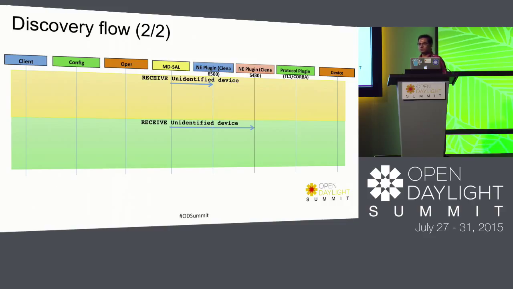So in your network, you have 4 devices, you'll have 4 of these. As soon as this is received, it talks to the network element plugin. Simultaneously, they will try to connect to the protocol plugin, TL1 or Corba, or any plugin you're using. I should have shown this as 2 separate things, but you get the idea.